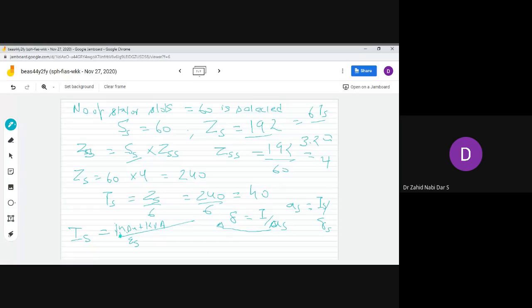So input kVA, this is ES into IS in 10 power 3, that would be your stator current if you want to calculate in terms of that.